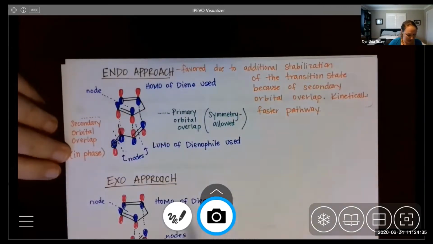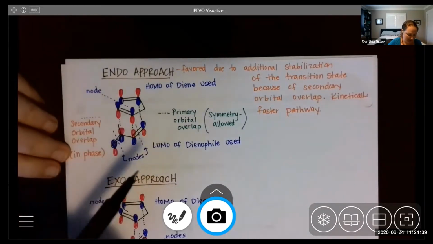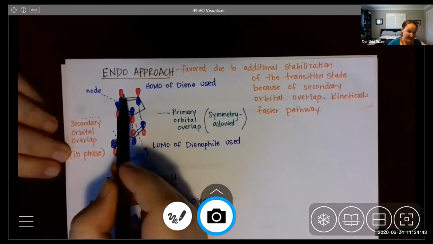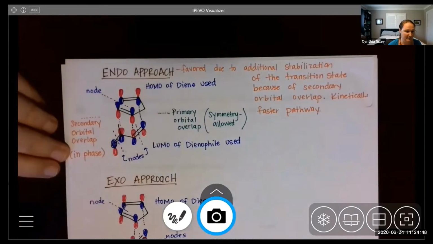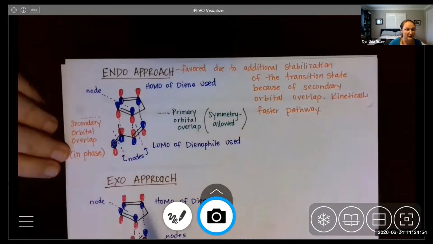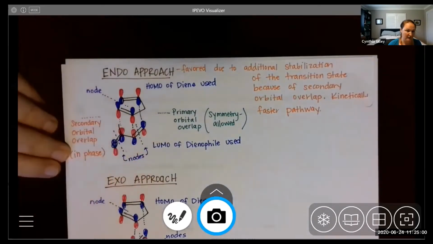Right? And the HOMO has one node in the middle here, so that's why I changed phases. You can see it's red, red on the top, switch to blue, blue. So change in phase there. And then we have to use the LUMO of the dienophile, which is also a diene, because there's 4 p orbitals all in a row.